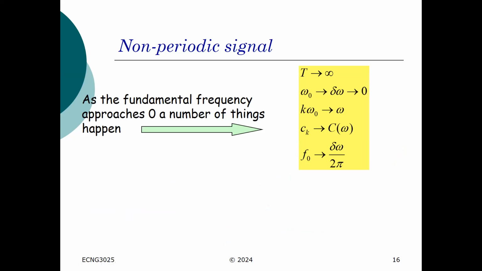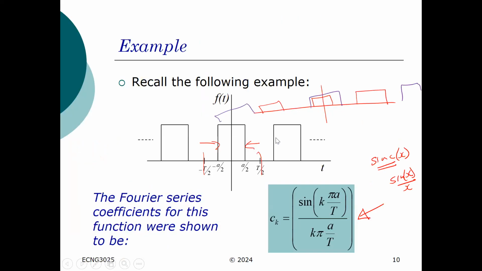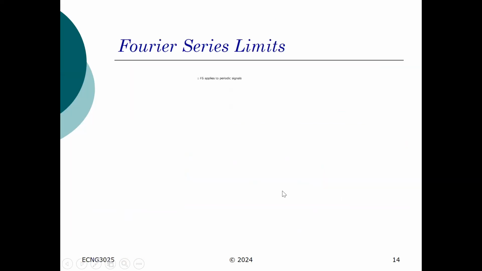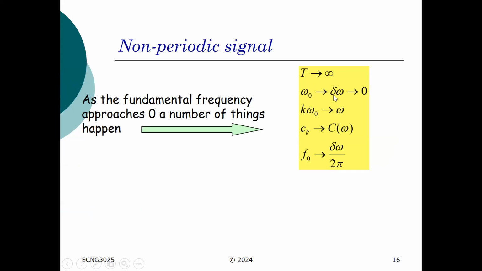As T goes to infinity, omega 0, which is the spacing between the components, remember that, right? As T goes to infinity, the spacing, which is 2 pi over T, gets closer and closer together. So in other words, the spacing between the omega naughts starts to get smaller and smaller until the space between them is so small that you can't distinguish it.